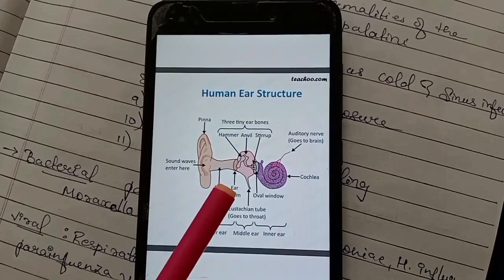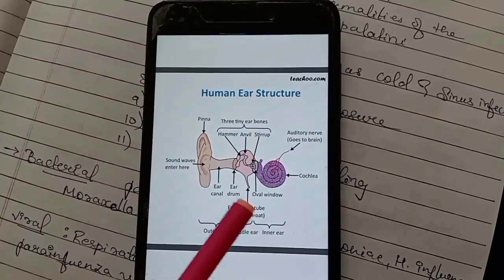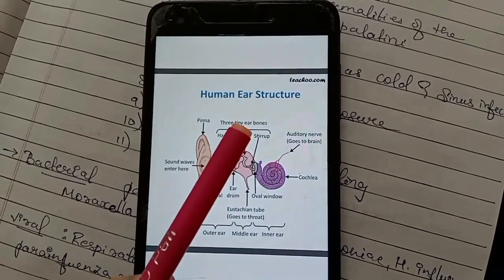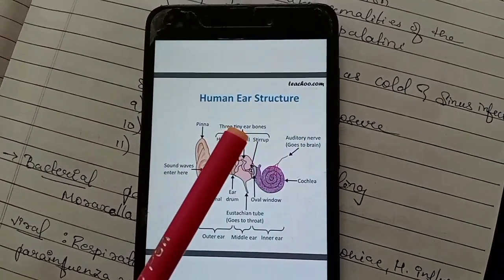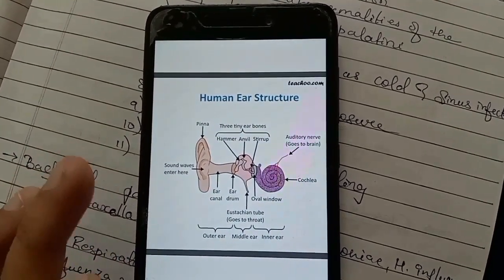Then the anterior wall is the opening of the eustachian tube, and the posterior wall is formed by the mastoid antrum.